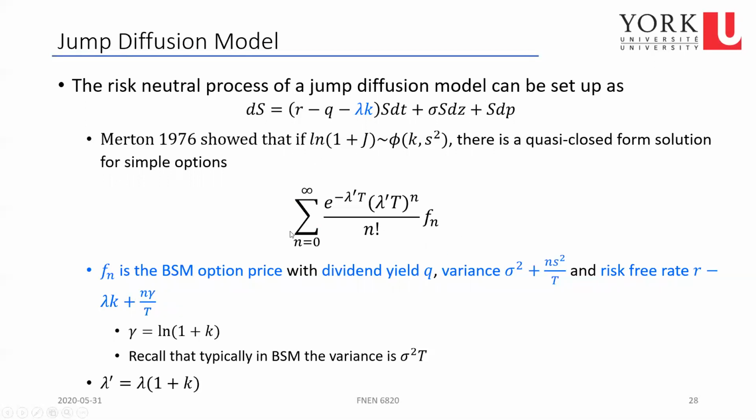So it's not really a true closed form solution, because you have to use some numerical routines to calculate this infinite sum. But nevertheless, it's a simple enough procedure, so you can calculate simple options using a relatively simple formula that involves a numerical sum.